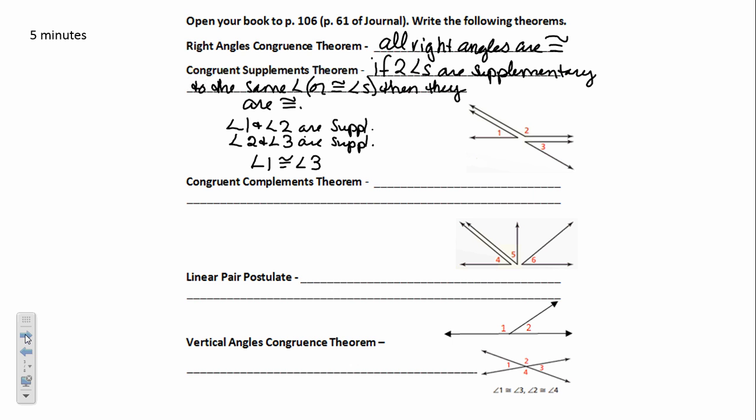In your book, right below the theorem 2.4 is theorem 2.5, and it's the congruence complement theorem. Brandon. It could be on your test. You could be needing to use that in order to prove things congruent.